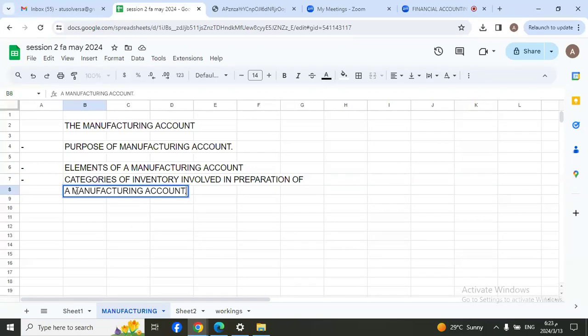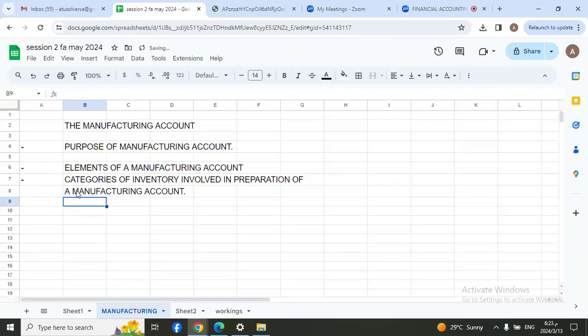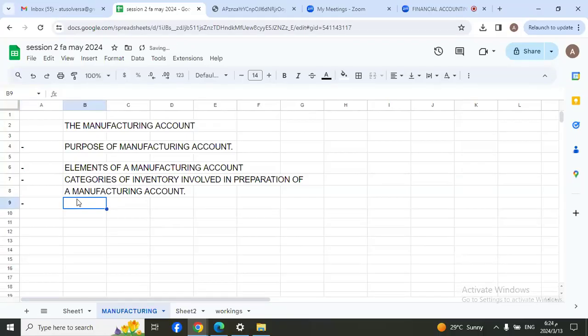Then lastly, we are going to look at financial statements under manufacturing accounting.